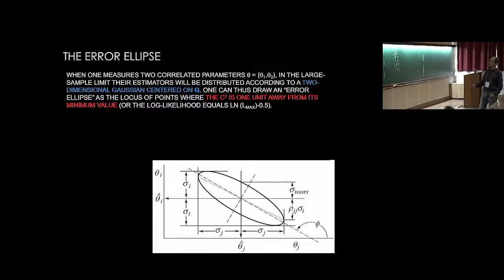And this defines the standard deviations of the estimates of theta j and the estimate of theta i, okay? So this defines this curve, which is basically an isoline at equal height of this Gaussian two-dimensional distribution.